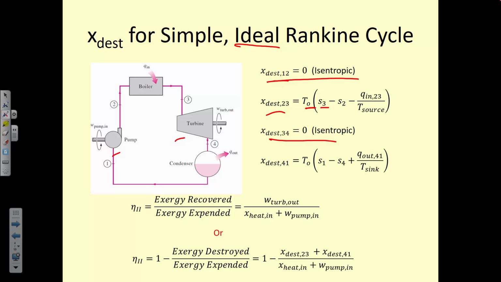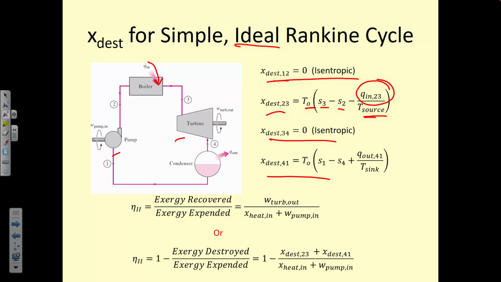Then we need to know the entropy at state 3, the entropy at state 2, and then we need to know how much heat is coming into our system between state 2 and 3 into this boiler, and we also need to know the temperature of the source. So within our boiler, we can calculate our heat input, but if the temperature of that heat input is not given, it's difficult to calculate the exergy destruction. So that information needs to be known.